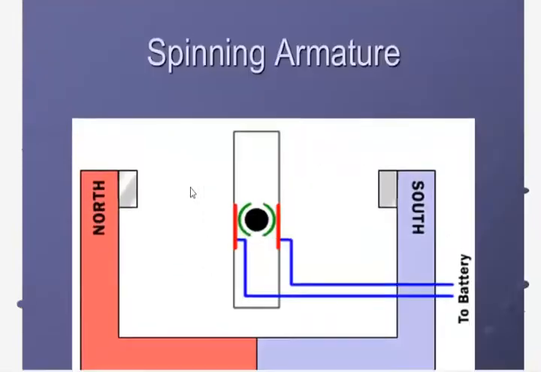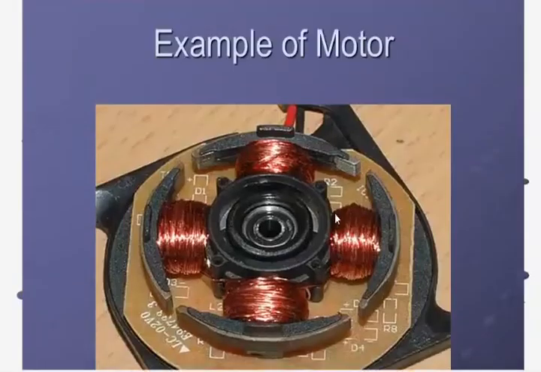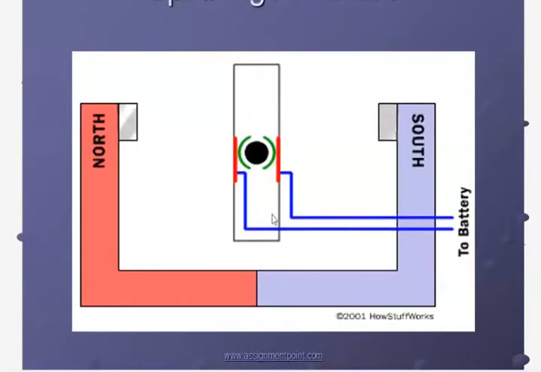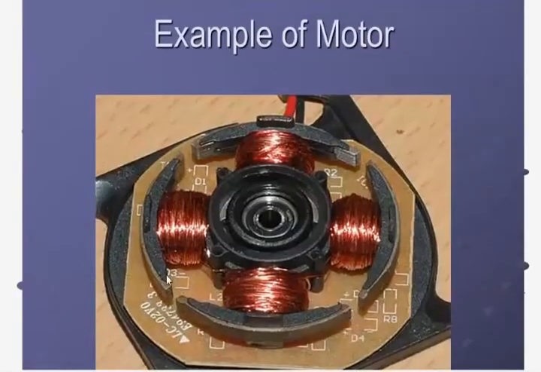And now a spinning armature. Remember, you see here, this is the spinning armature, which spins about this axis.